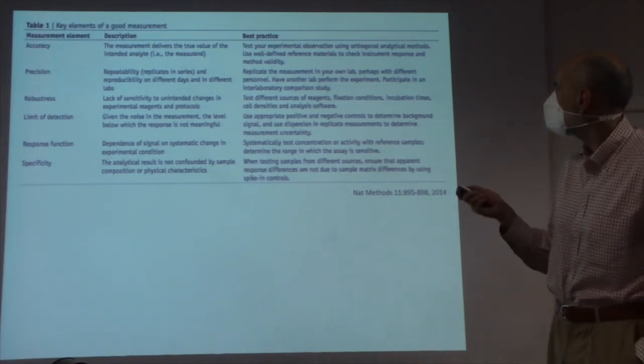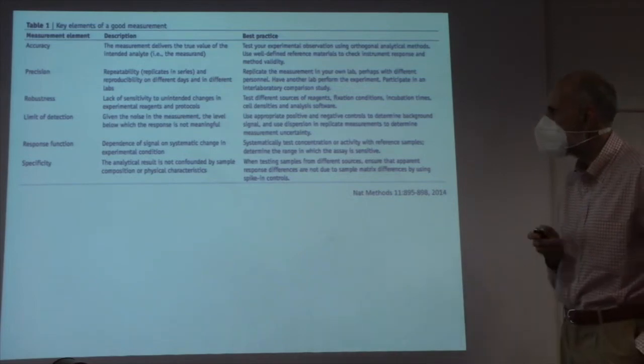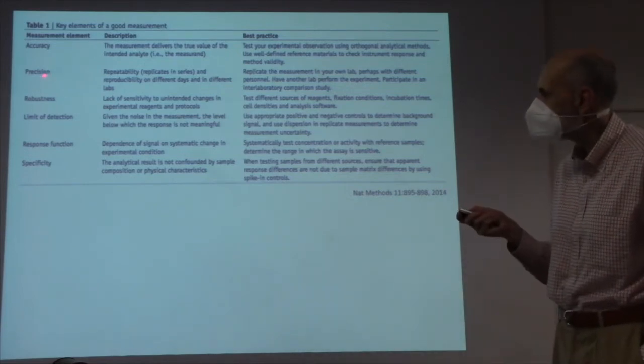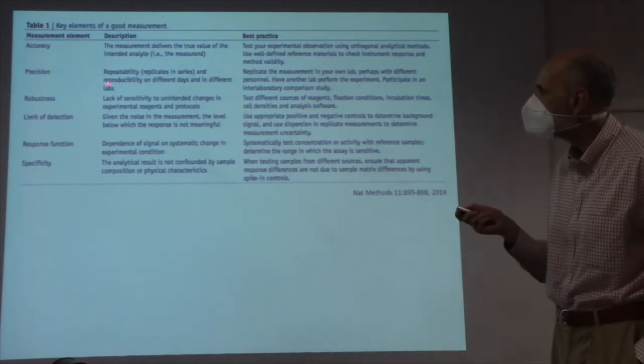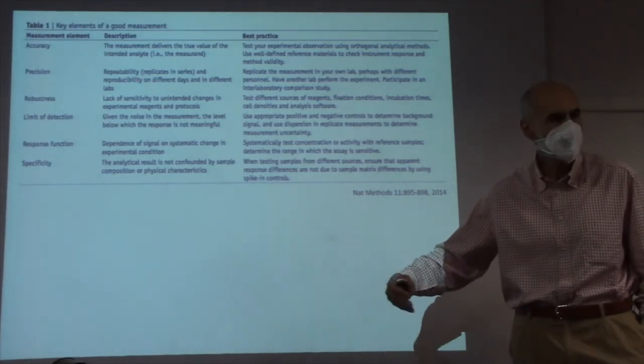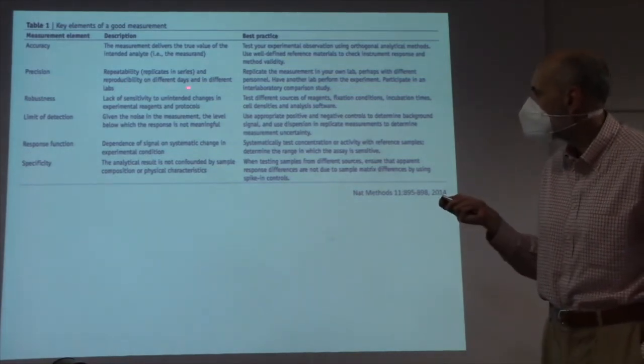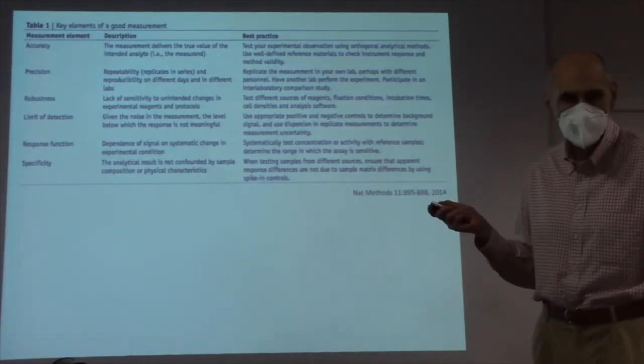We'll talk about the best practice to determine accuracy, but first let's talk about precision. Precision is the repeatability in replicate series of measurements and reproducibility on different days and in different labs.